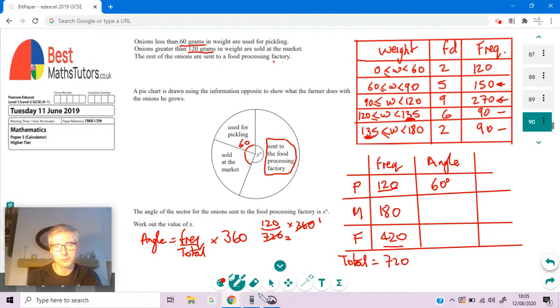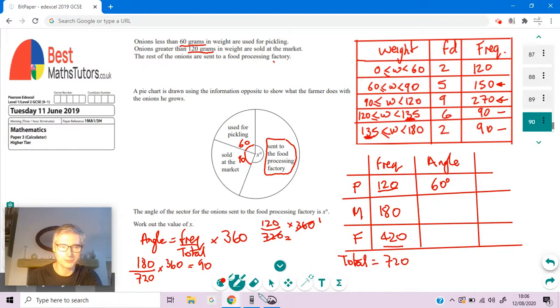Those sold at the market, it's the same formula, but actually it's going to be 180 over the total, 720, times by 360. And if we put that in the calculator, that works out as 90. So 180 divided by 720 times 360. That's 90. But the one we're looking for is actually this one.